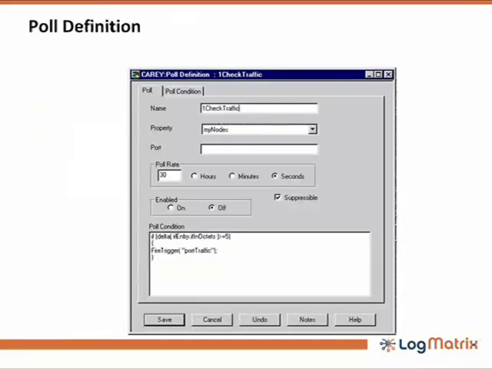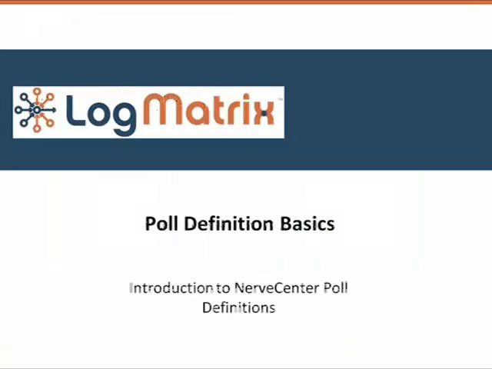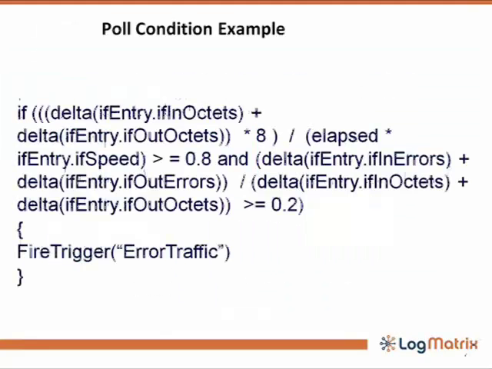And that statement on this page, if inbound and outbound traffic is greater than 80% of the capacity and the error rate is greater than 20% of total traffic, this is that same expression written in a NerveCenter poll.